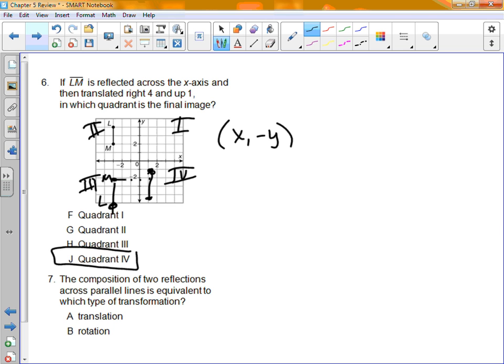7, the composition of 2 reflections. Think about that for a second. Composition of two reflections across parallel lines. A, translation. So I reflected.